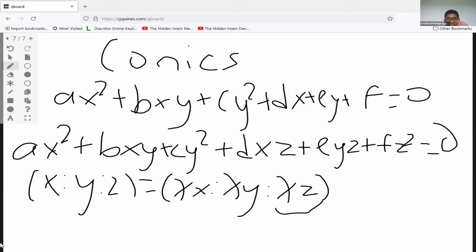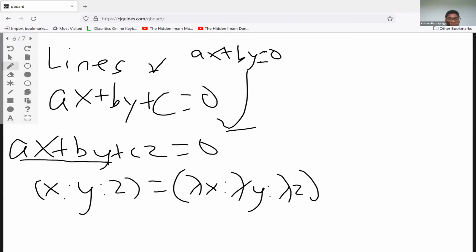So the second advantage of using this real projective plane coordinate system is that we're able to have homogeneous equations for conics and lines, which will be slightly important later.